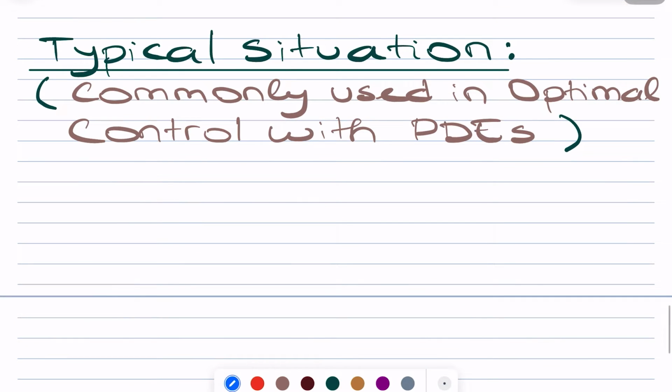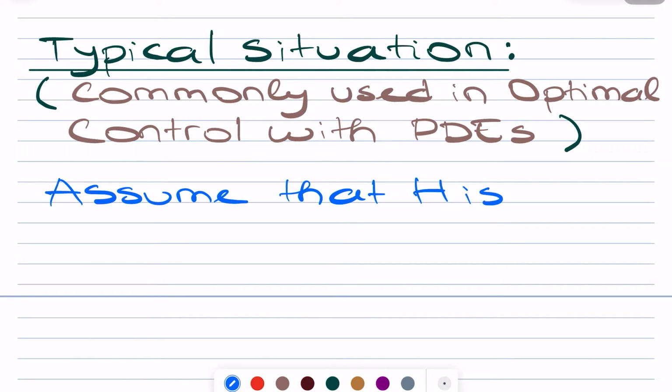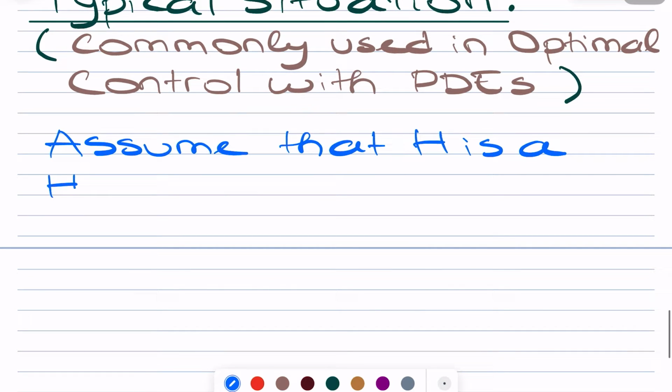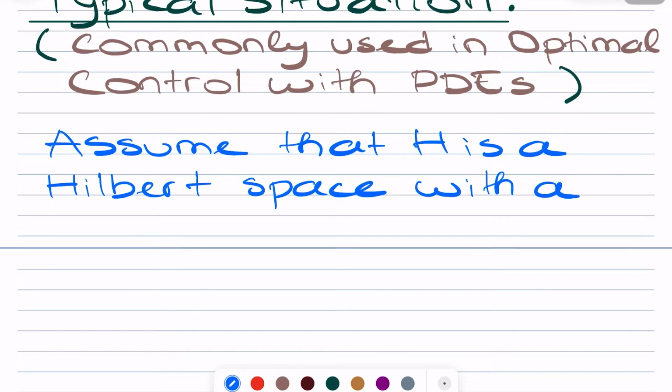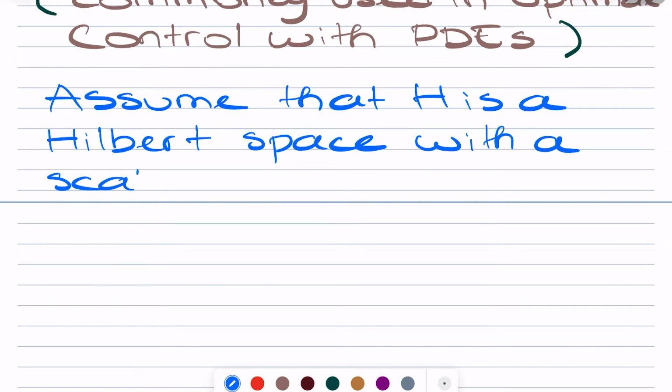Assume that H is a Hilbert space, right, with a scalar product that we denote again by the bracket.